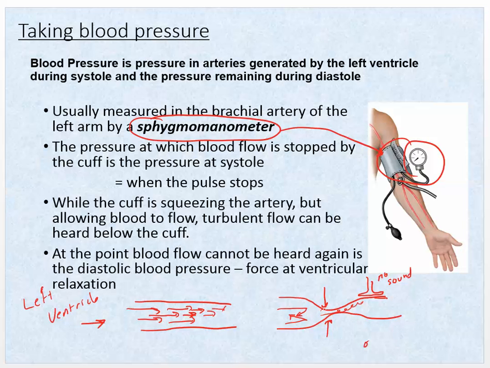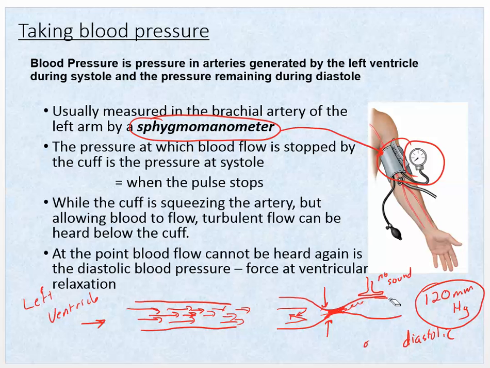So we're trying to push it until we block it completely. At that exact point, let's say that's 120 millimeters of mercury, we figured out how much pressure that ventricle really has. We figured out how much it can push because we have matched it completely, and that was at 120 millimeters of mercury, and that's your systolic pressure.